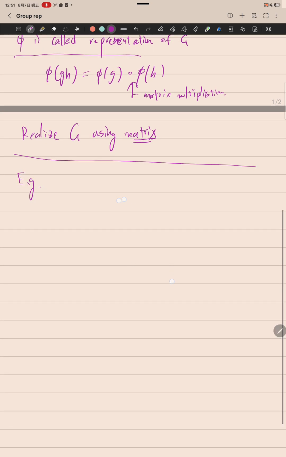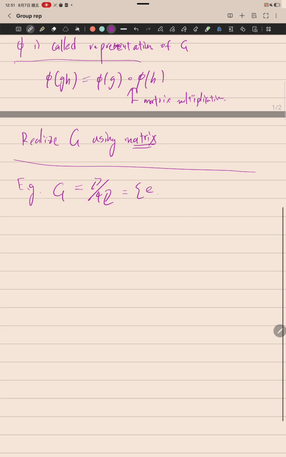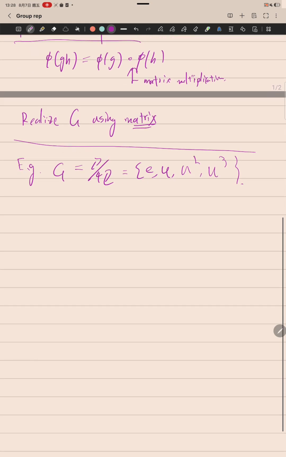There are lots of examples. For the first one, let's say G is Z mod 4Z, generated by the identity and some element, let me just use U, so U squared, U cubed.